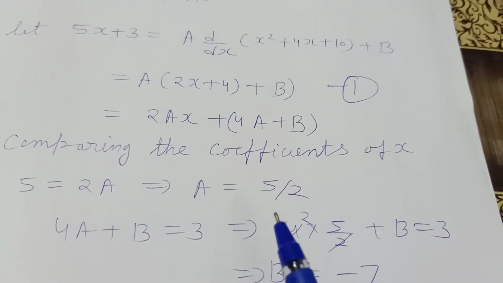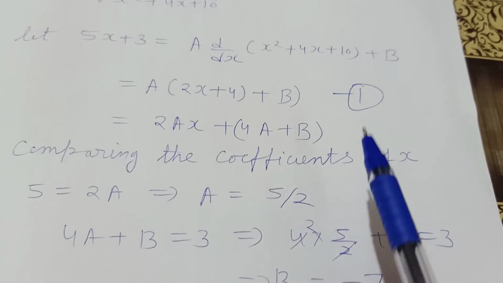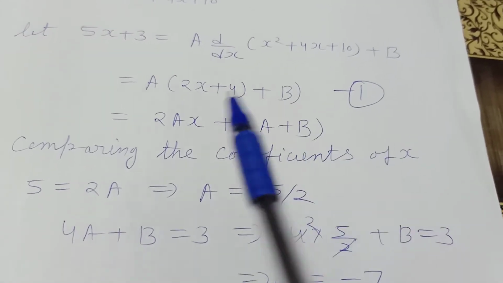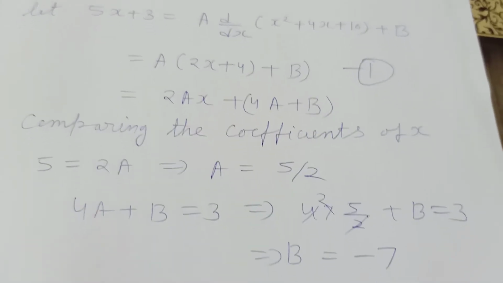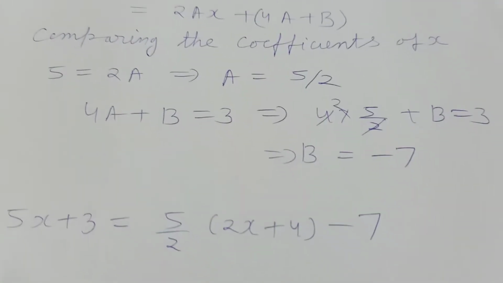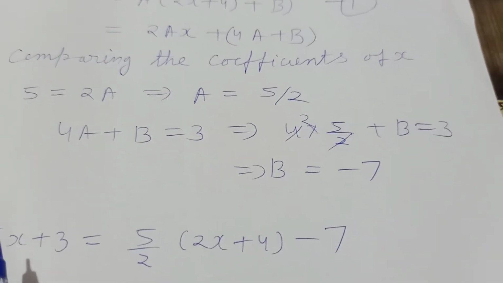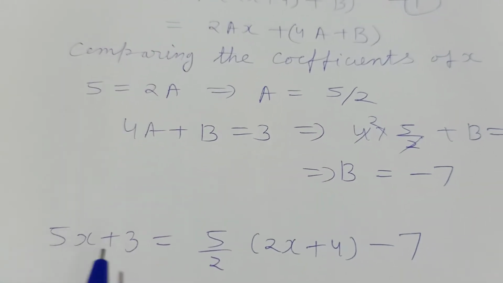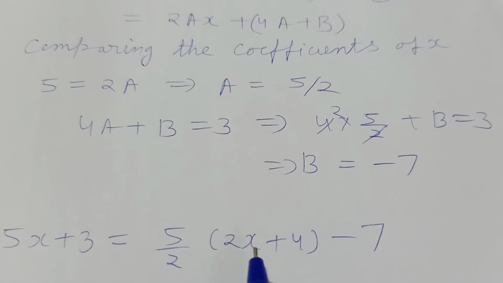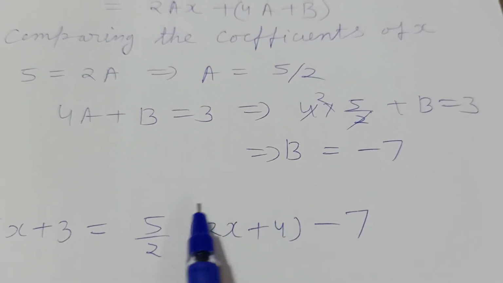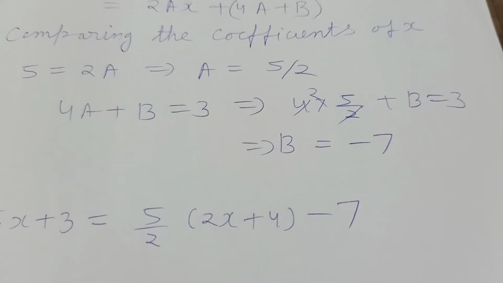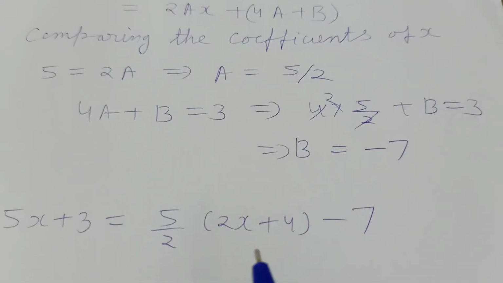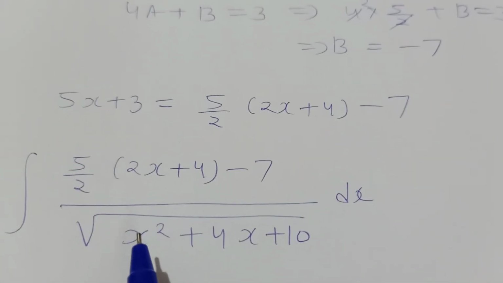So we have found the values of a and b. So 5x plus 3 equals 5 by 2 into (2x plus 4) minus 7. So we have broken 5x plus 3 into two parts, in which one part contains the derivative of the denominator.